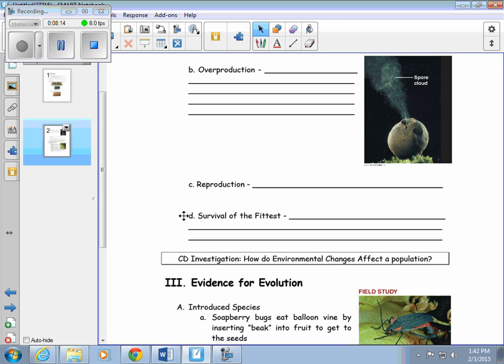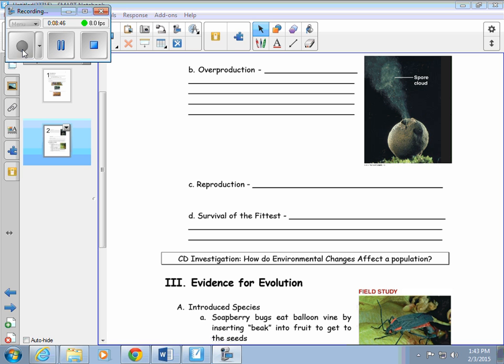So survival of the fittest means they have the best camouflage, they have the best beak, they have the strongest wings to fly and get their prey, or they have really good eyesight. They are the individuals that have the perfect adaptations for where they live, and those adaptations will get passed on to their offspring, and the offspring will be able to survive in that environment as well.